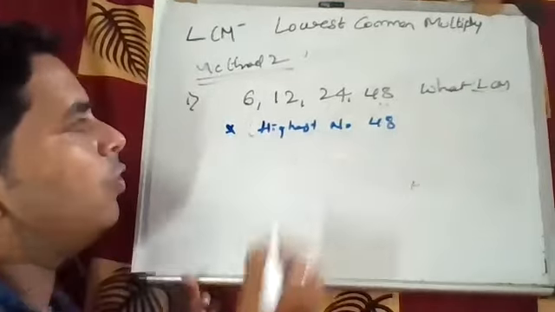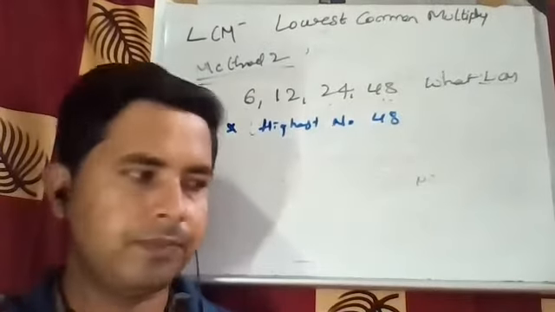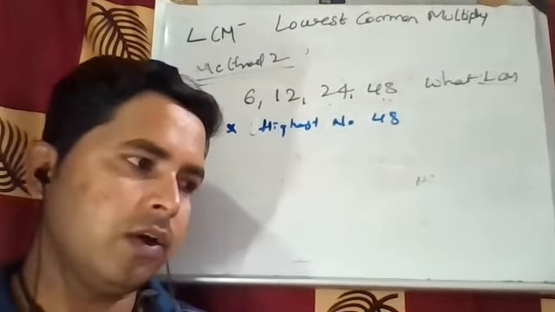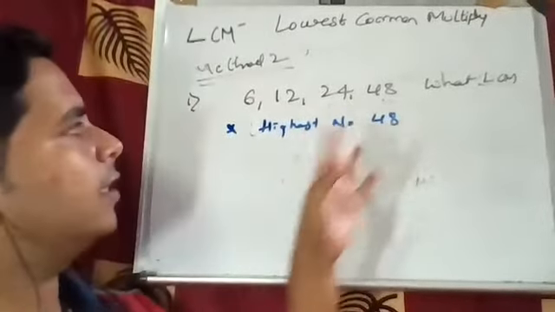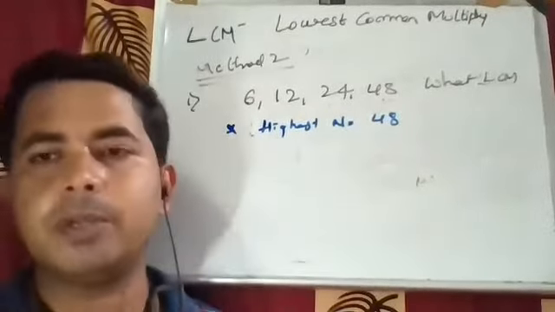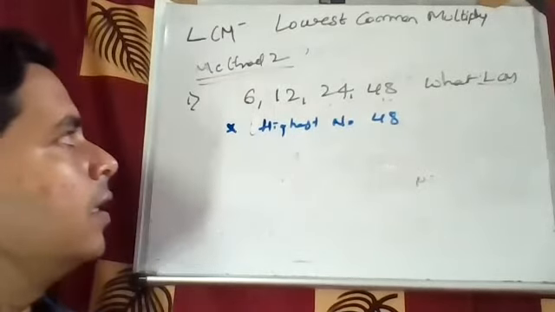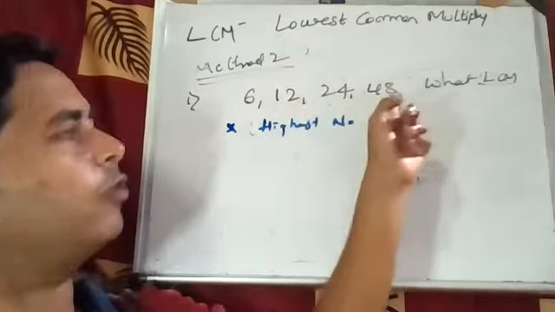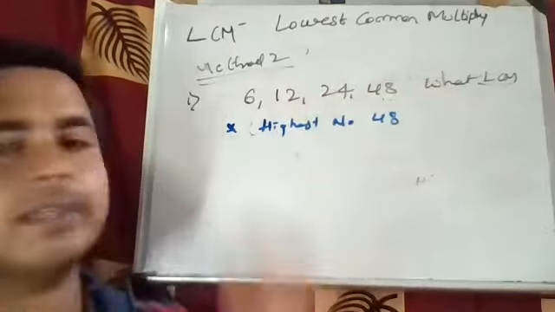Now check whether that 48 is divisible by all the numbers or not. If it is not, just check whether my 48 is divisible by the lowest number. See, 48 is divisible by 12, it is divisible by 24, and it is divisible by 6.